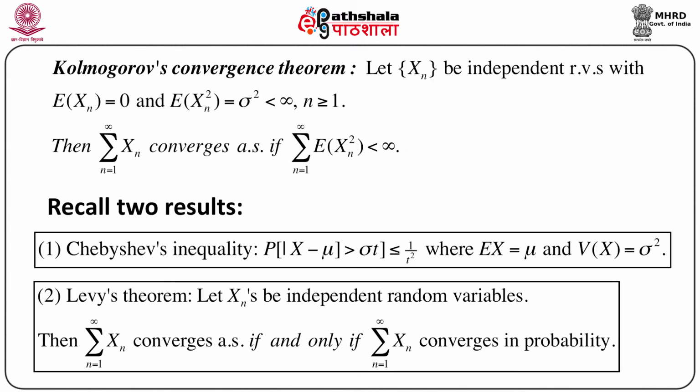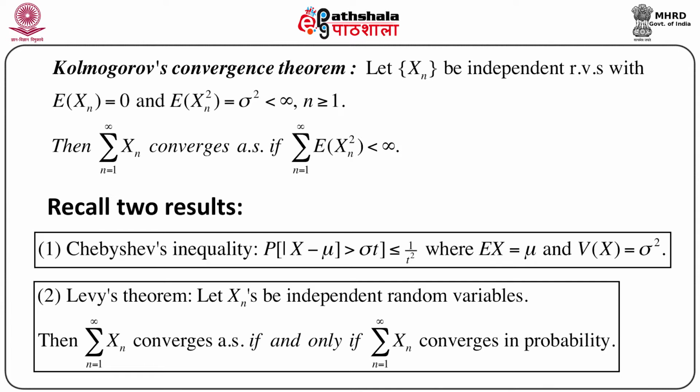The statement of Kolmogorov's convergence theorem is as follows. Suppose x n is a sequence of independent random variables with expectation of x n equal to 0 and expectation of x n square equal to sigma n square, which must be finite for every n greater than or equal to 1. Naturally, sigma n square is nothing but the variance of x n for each n.